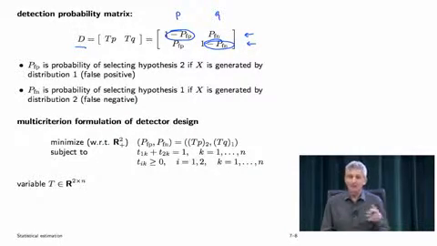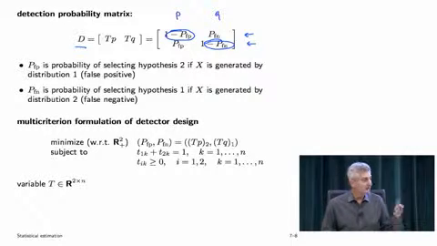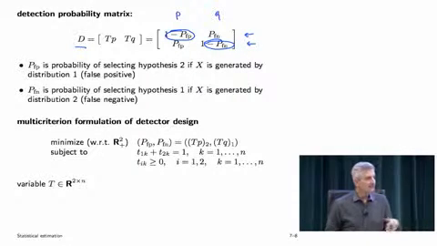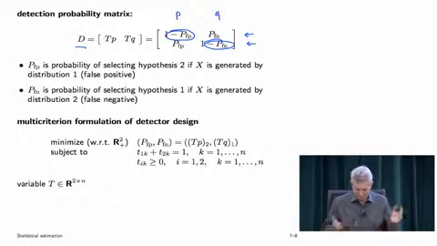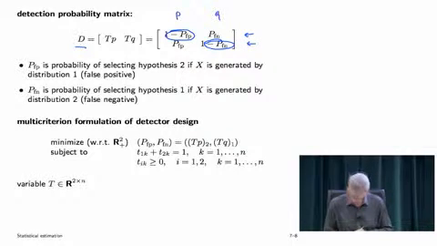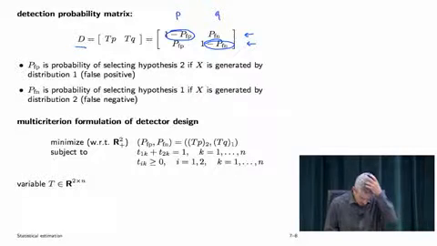Being right means capital X came from distribution 1 and you announced that it came from distribution 1, and you can swap 1 with 2. Being wrong is when the sample came from distribution 1 but you announced that it was distribution 2. These have names like false positive and false negative.